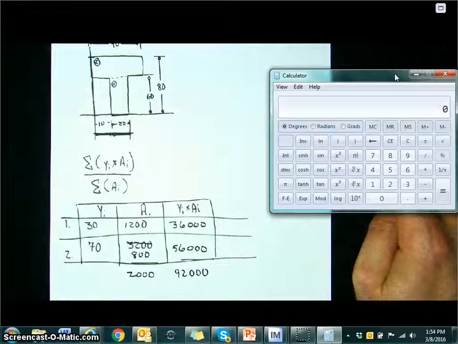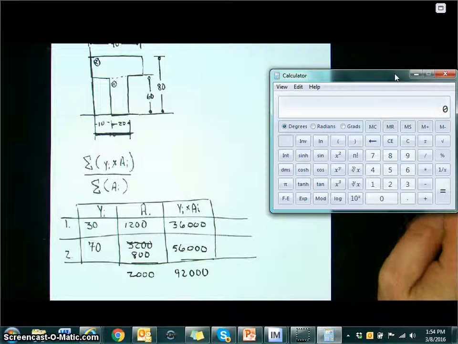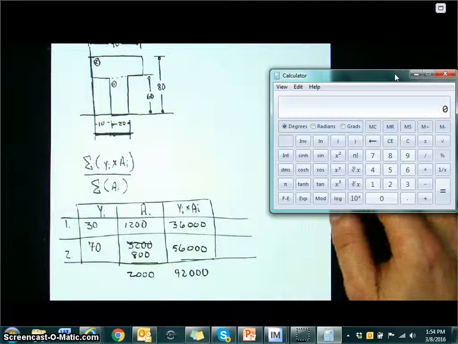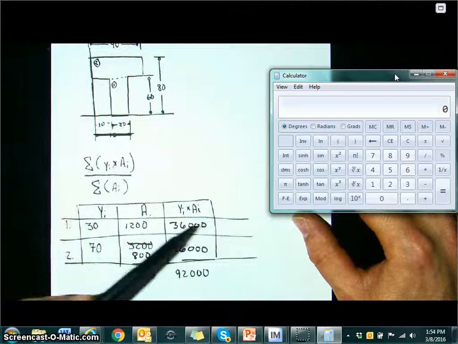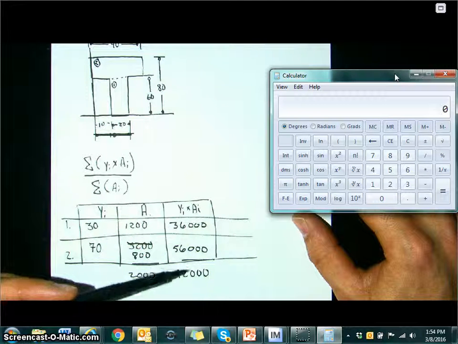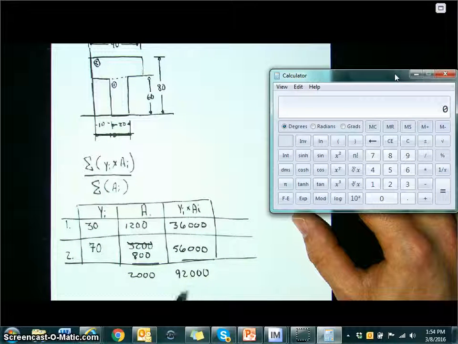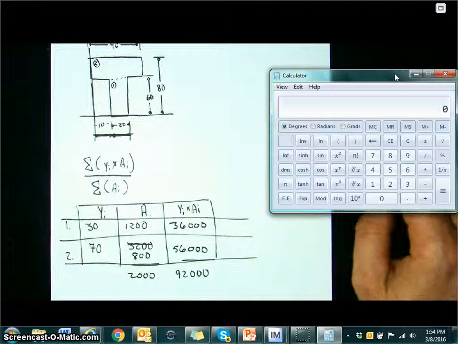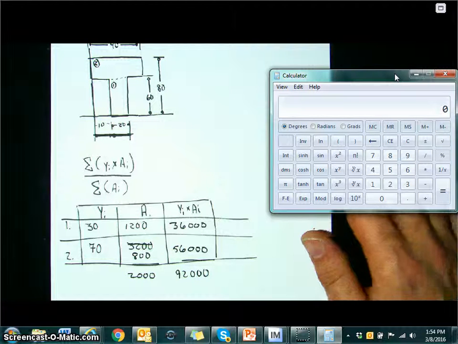Check my math. Am I good? And then it's just a matter of dividing. So I just did across here the yiais, right? I did the sum, which is this guy right here, divided by the sum of the areas. So what is 92,000 divided by 2,000?